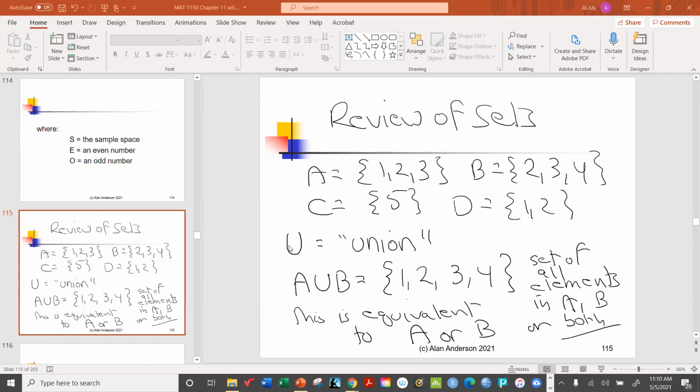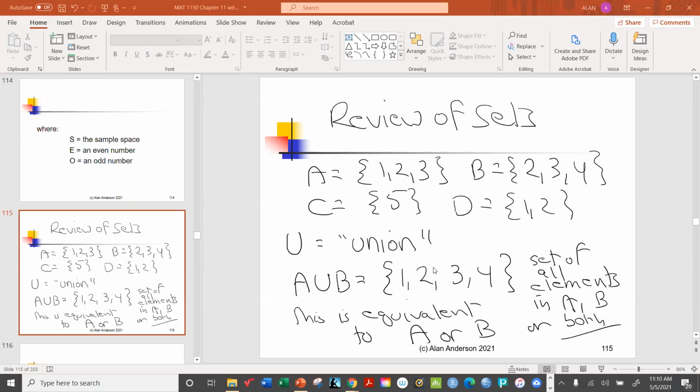And basically what it's telling us to do is simply combine those two sets. So for this one, A and B, when you lump those together into one big set, you'll get 1, 2, 3, and 4. And now if you notice, the two sets both have 2 and 3 in common. There's no need to write those separately.